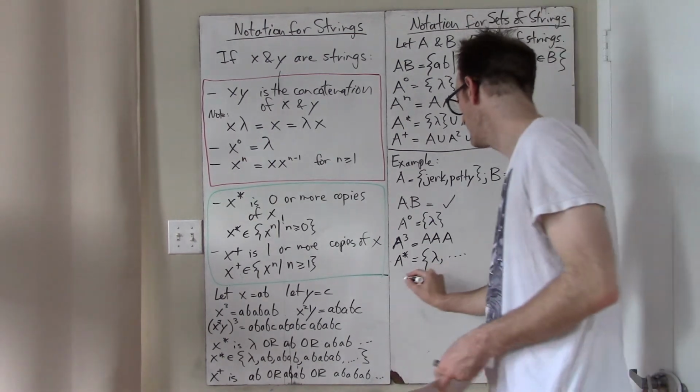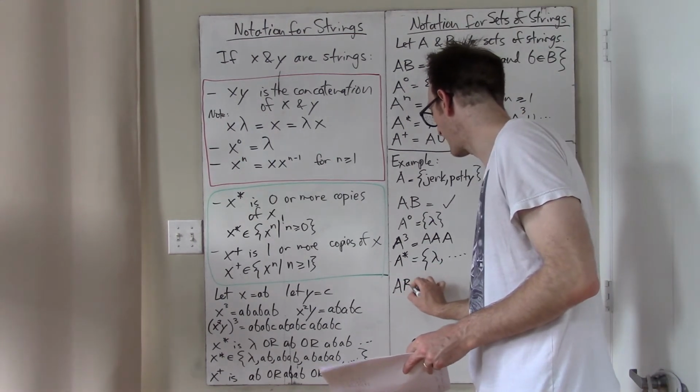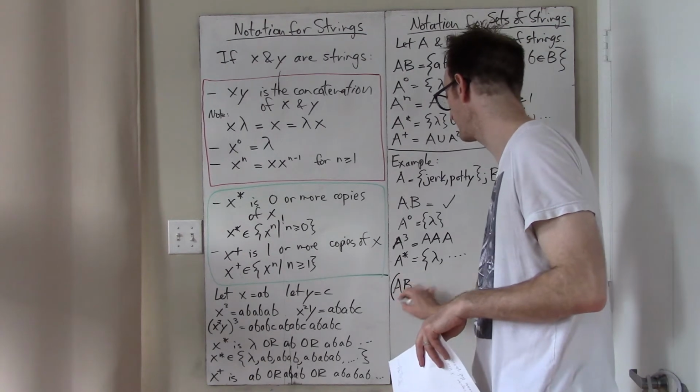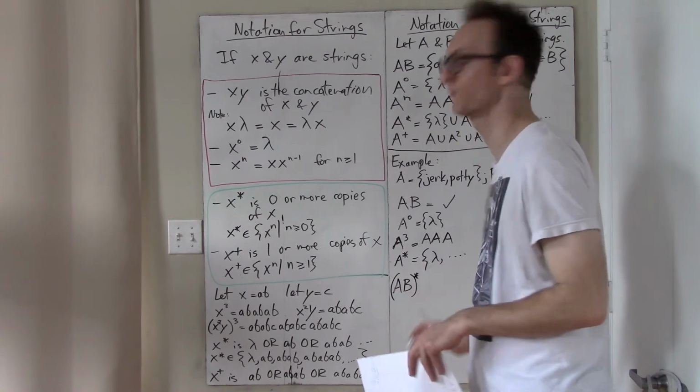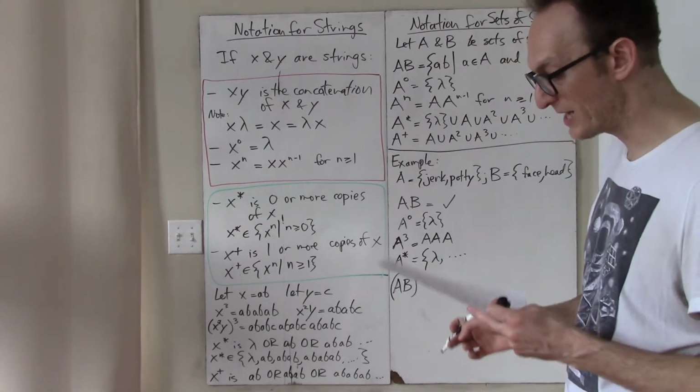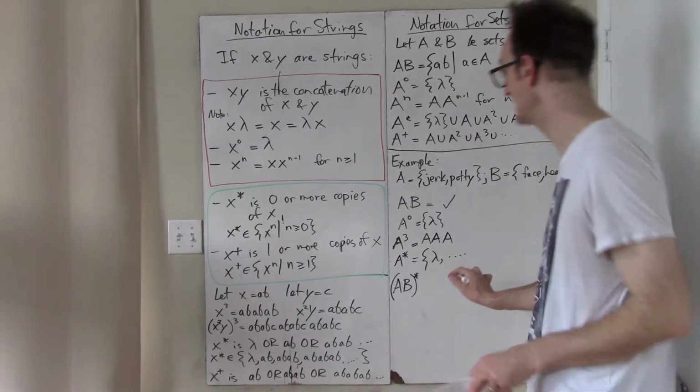Okay, and now, finally, (AB) star. I personally find this to be very subtle, and a point of confusion for students and myself. What is (AB) star, literally?